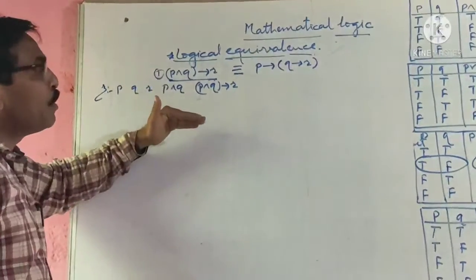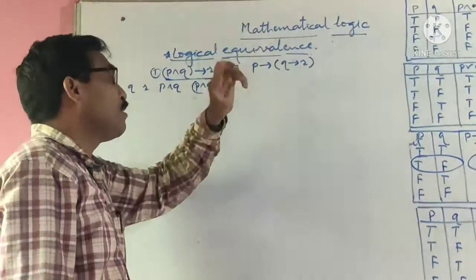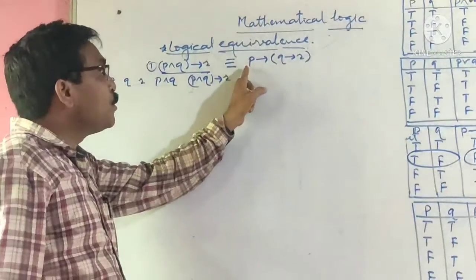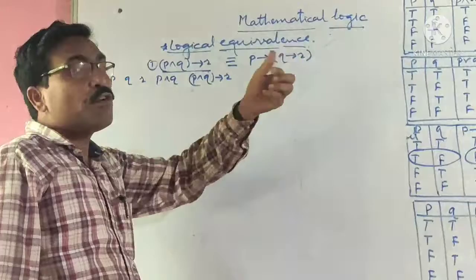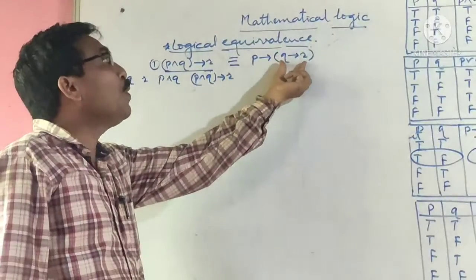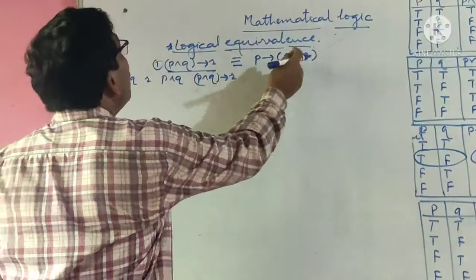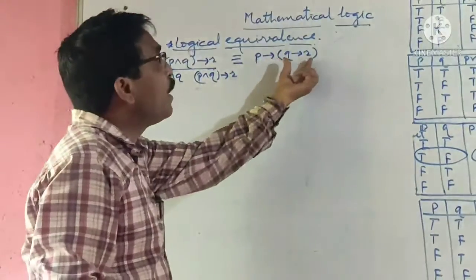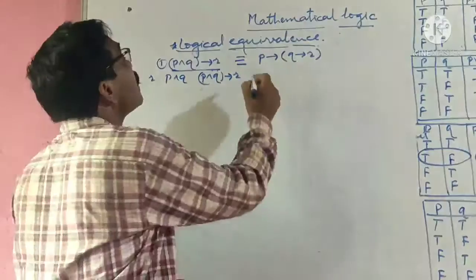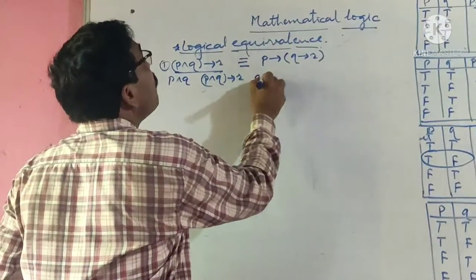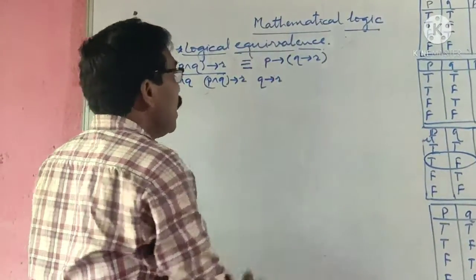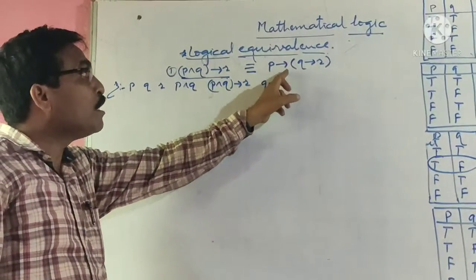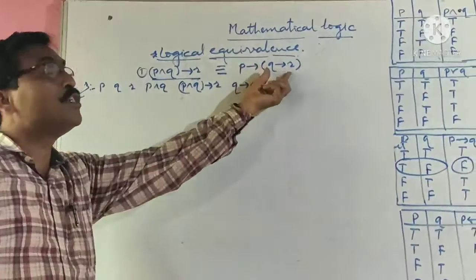In the same truth table we will also prepare this statement pattern. Now P implies Q implies R, that is P implies this bracket. Our first job is to prepare Q implies R. Before this we have Q and R also, therefore we are ready to prepare this Q implies R. That is, the next column will be Q implies R. Now P implies Q implies R, that is, P implies this bracket.